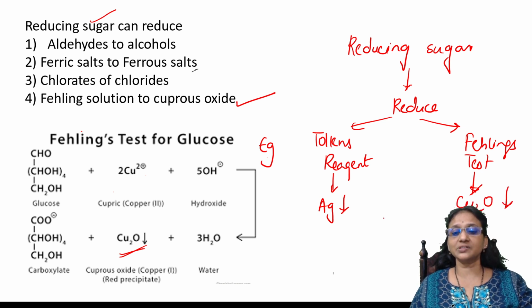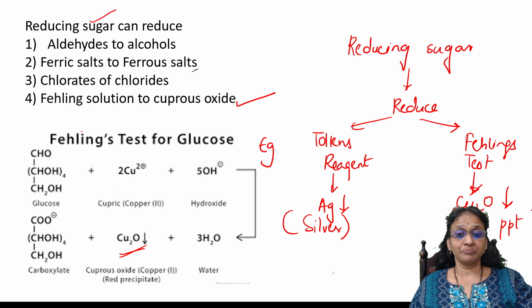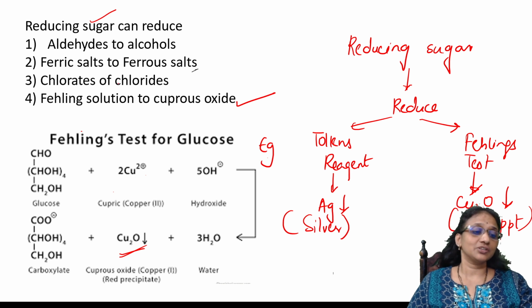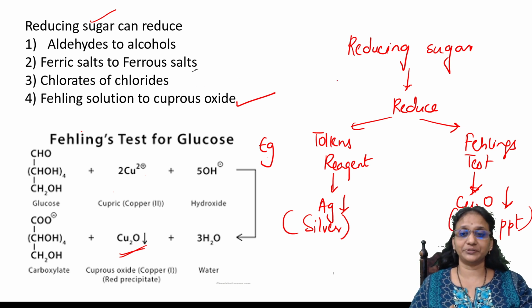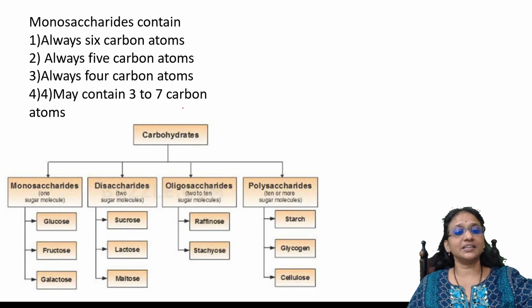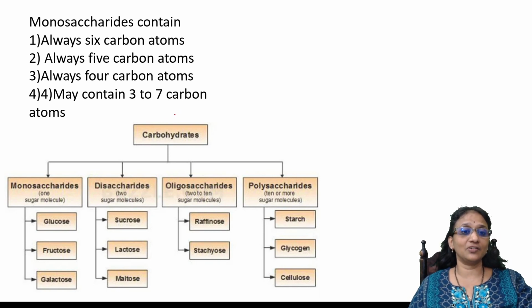So the substances which reduce Tollens' reagent and Fehling's reagent are called reducing sugars. So this is the answer. Easy? Perfect. Next. Monosaccharides contain how many units?